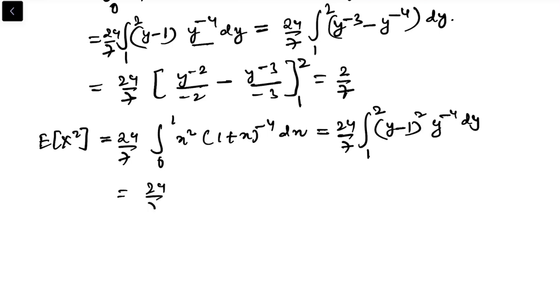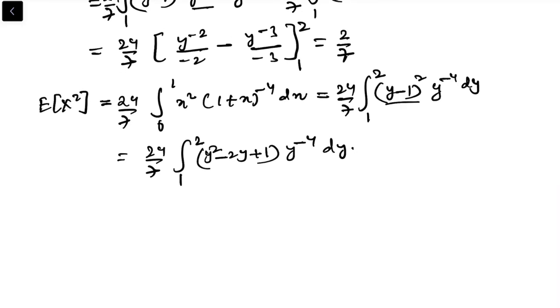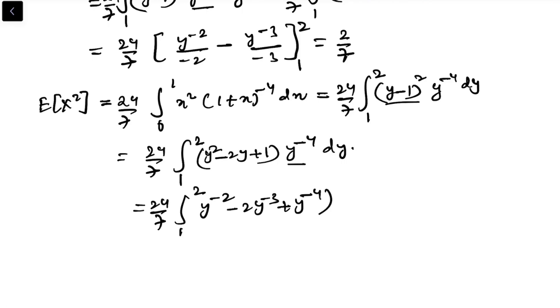Now 24 over 7, this is 1 to 2. We can open this whole square, y square minus 2y plus 1, and this is y to the power minus 4. Now you can simply multiply inside the bracket. So this is 24 over 7, 1 to 2, y to the power minus 2, minus 2 y to the power minus 3, plus y to the power minus 4.